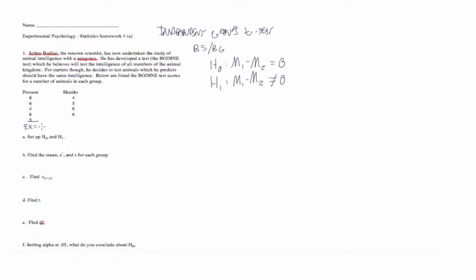We just add all these up, and that's equal to 29. And then we can square each of these, so we get 64 and 36, 16, 36, and 25. And so the sum of the raw scores squared is going to be equal to 177.